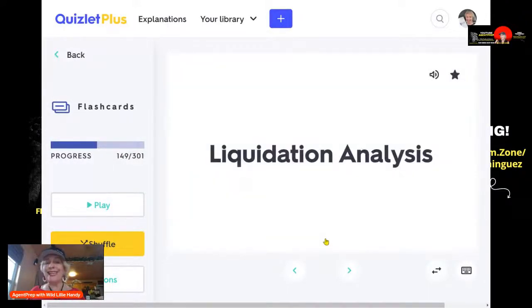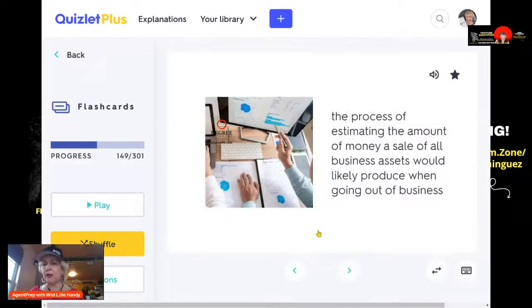Okay, so that was liquidation. Like if you own stocks, you can liquidate your stocks. If you own different types of residential or commercial investment properties, when you want to sell them and take the money, you're liquidating your assets. So it is a liquidation analysis. They're analyzing all their assets.